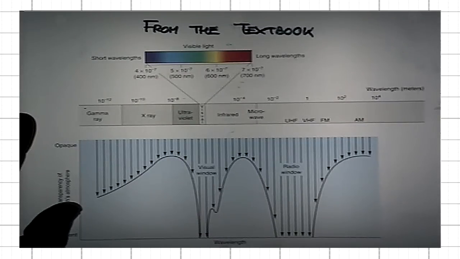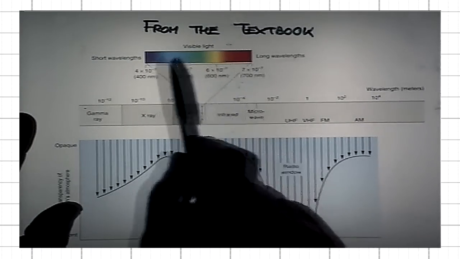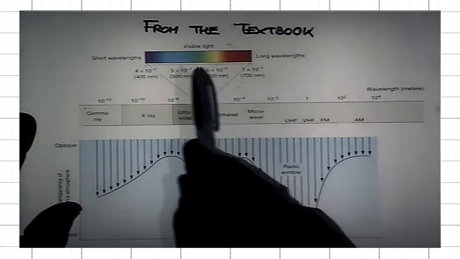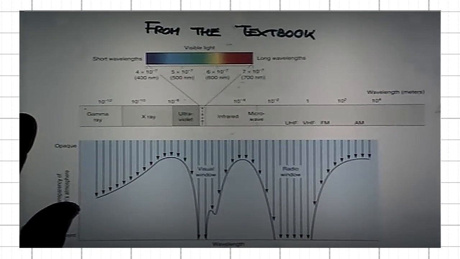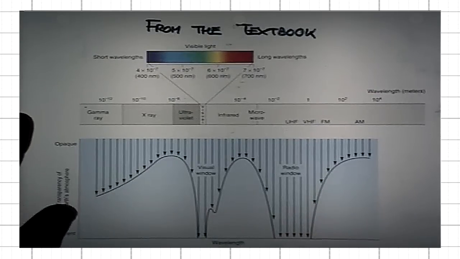Okay? But we formed as a species next to a star with a surface temperature of 6,000 degrees Kelvin, and it emits most of the energy at these wavelengths. Hence, our eyes are sensitive to these wavelengths.